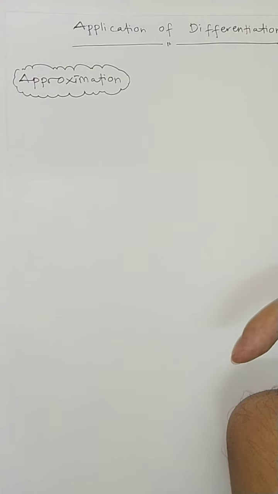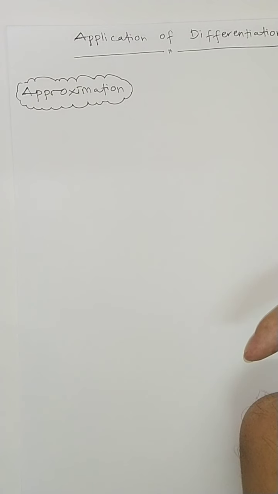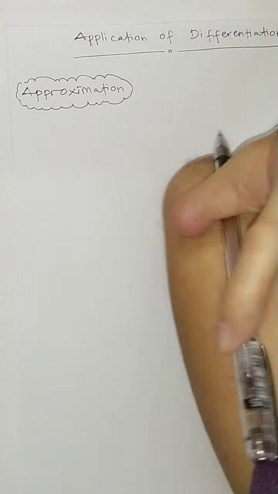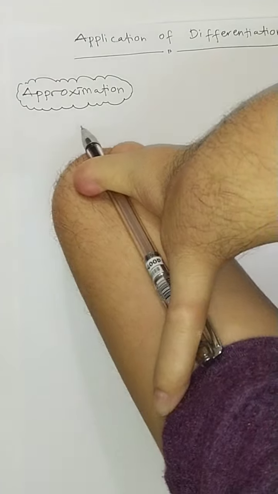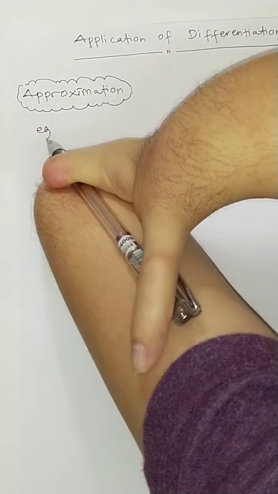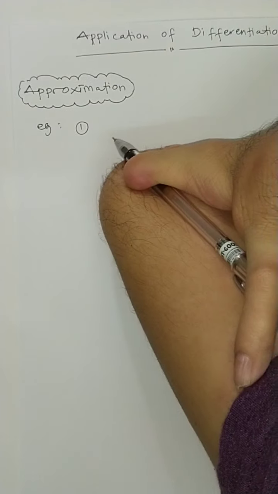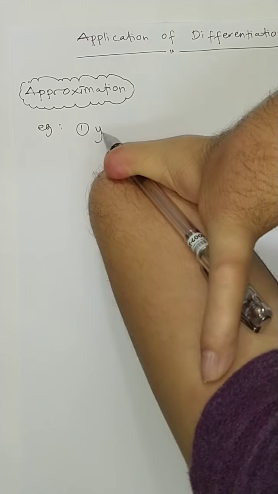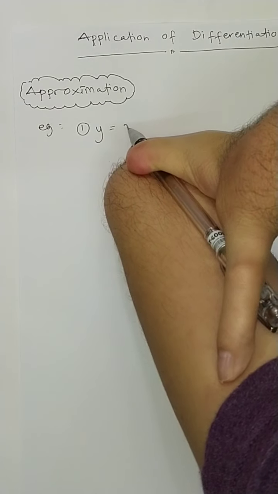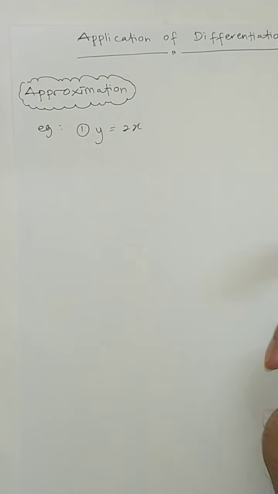First of all, before I show you the example of an approximation question, you need to understand what it means by approximation. Let's begin with a simple example. Let's say I give you one equation, which is y is equal to 2x.